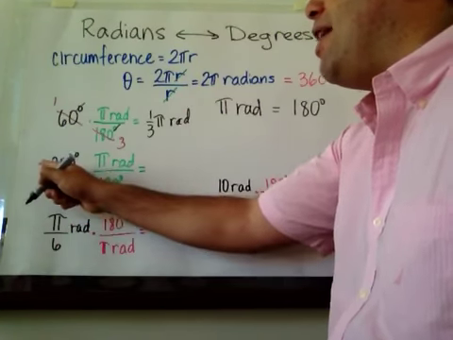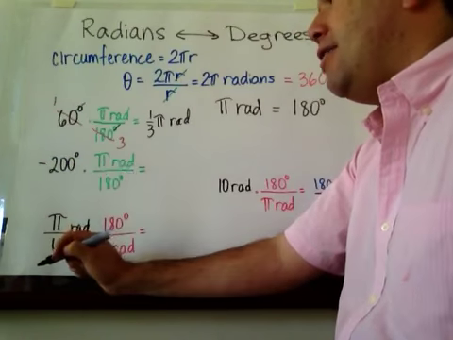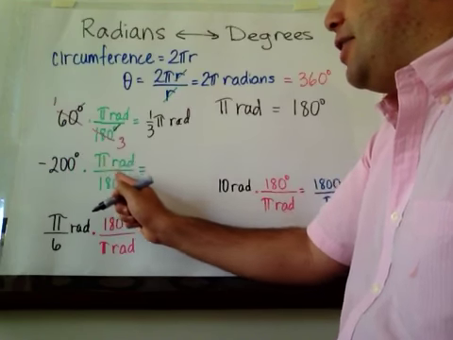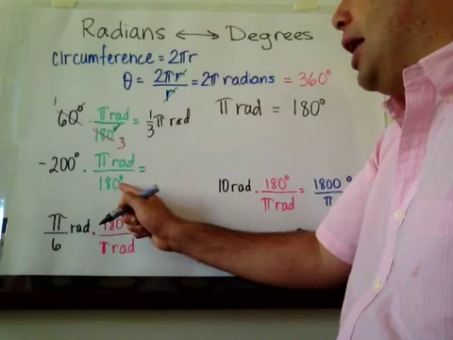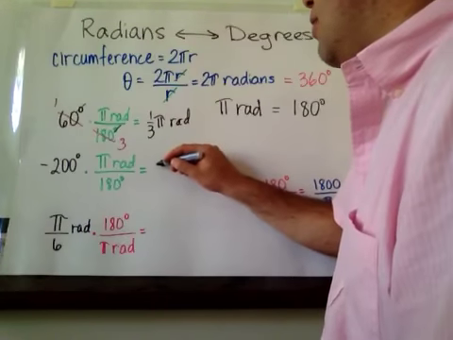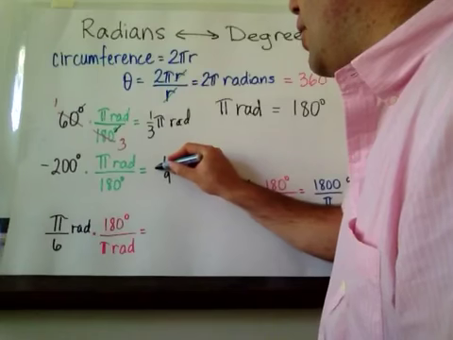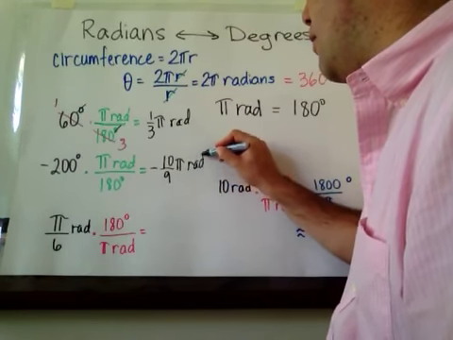Something similar here. We have an angle of negative 200 degrees. We want to pass it to radians. We multiply times pi radians over 180. The degrees cancel. 200 divided by 180 is 10/9. Well, this is negative, so negative 10/9 pi radians.